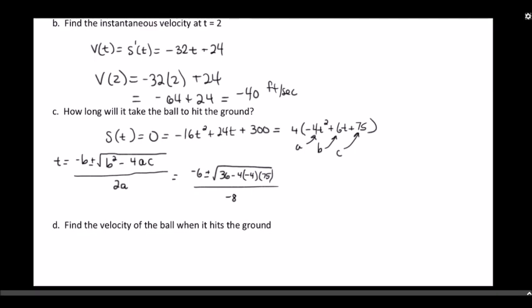When you're solving a quadratic equation using the quadratic formula, first thing you're going to want to do is simplify that expression underneath the square root. That's called the discriminant. So it's 36 minus 4 times negative 4 times 75.